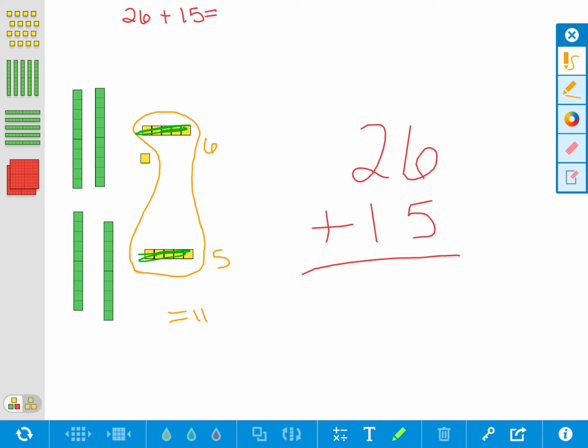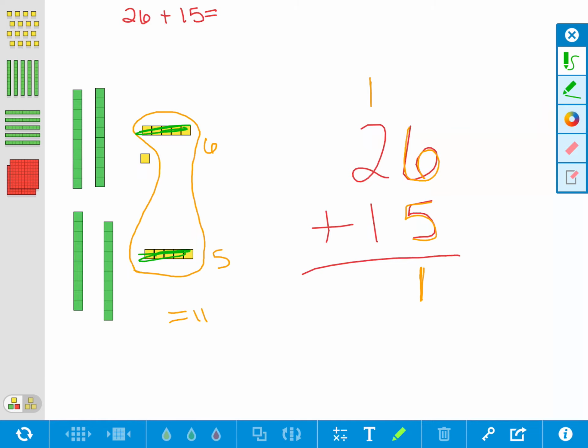So if I look back at my adding with regrouping side, I see 6 plus 5 equals 11. So I'm going to put that 1 from the ones place down here, and I need to move that 1 that's in the tens place to the tens area. Now let's look at my tens.